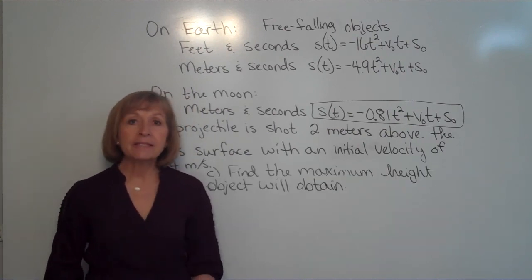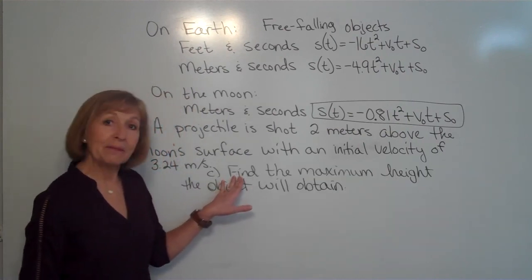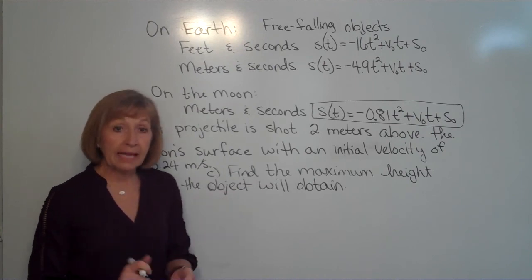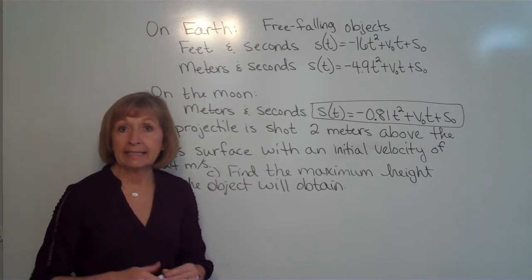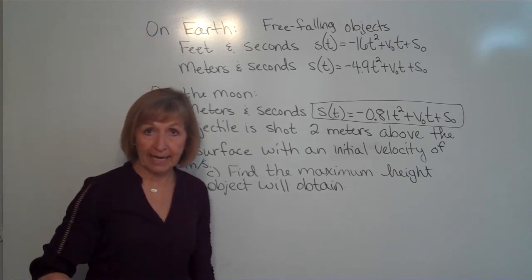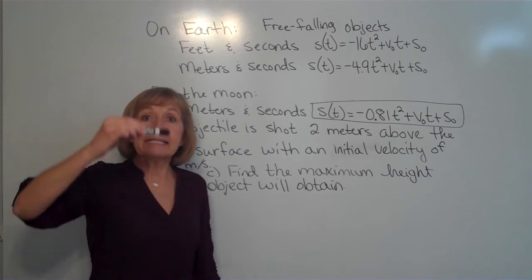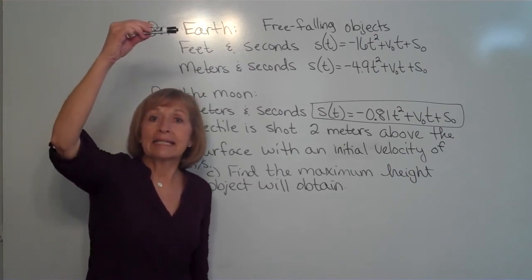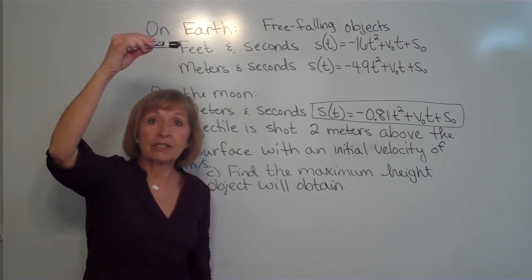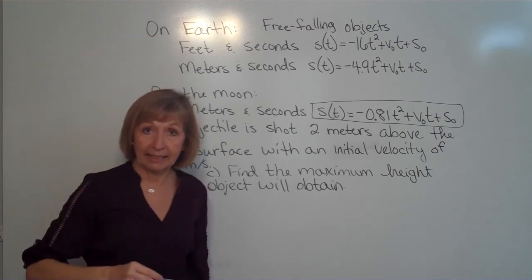The last part of this example, let's find the maximum height the object will attain. So again, remember that our velocity has sign. Positive when the object's going up, negative when the object's coming down. So at that instant where the instantaneous velocity is 0, that's the time at which the object hits its maximum height.